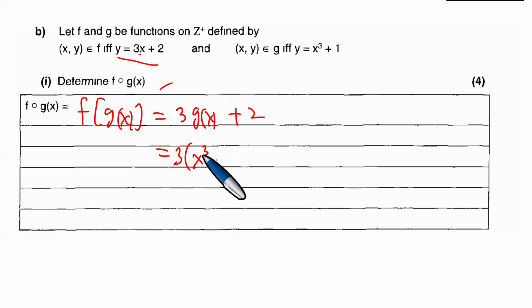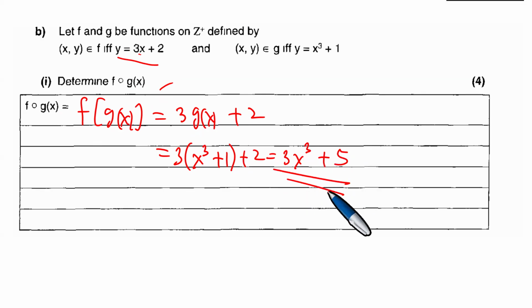The g is x cubed plus 1. So this is 3x cubed plus 5. Next question.